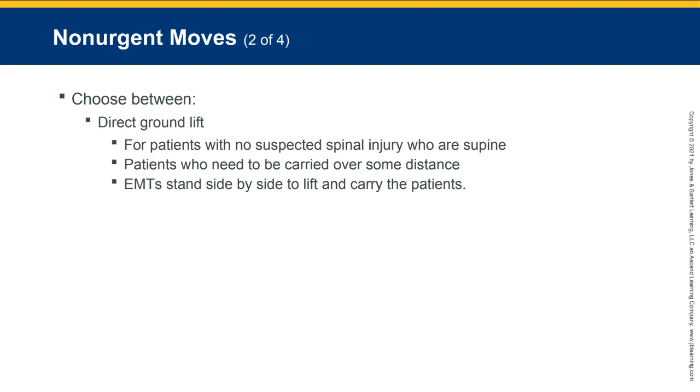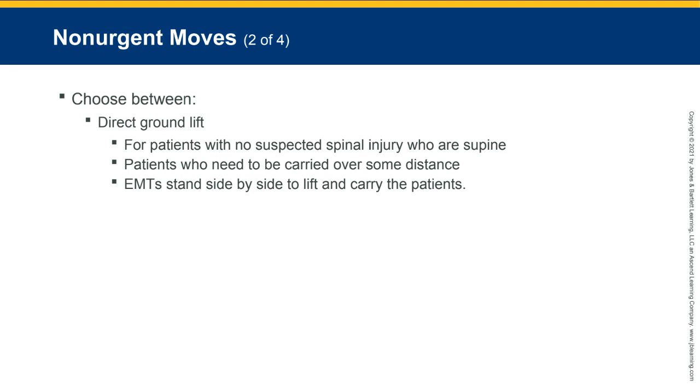Now, let's look at these non-urgent moves. And there's a large amount of them. So there are quite a lot of options for you. So you have direct ground lift for patients with no suspected spinal injury who are supine, patients who need to be carried over some distance. EMTs stand side by side to lift and carry the patient.